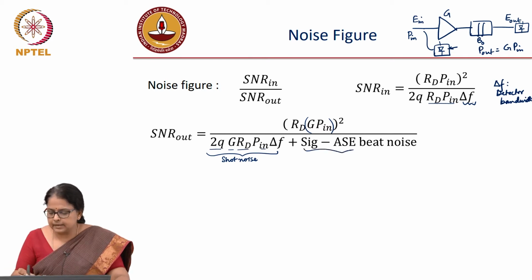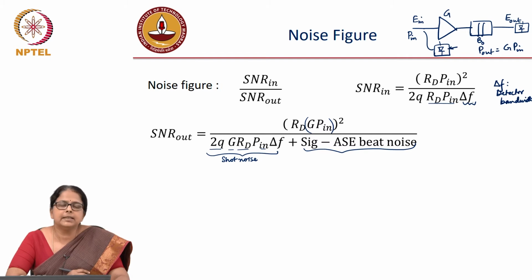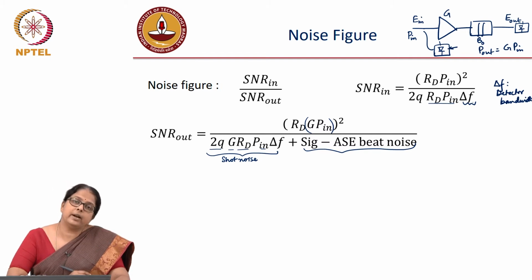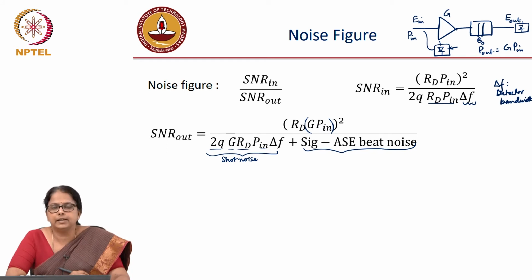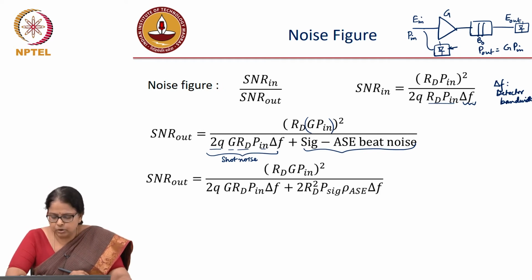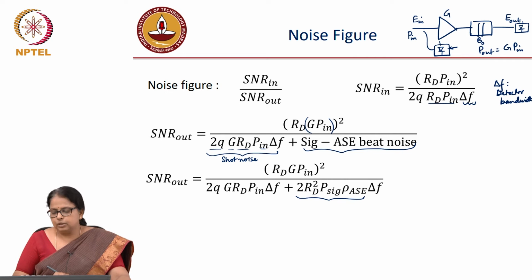plus the signal ASE beat noise, because that is the additional electrical noise which you had already calculated. We already calculated the power spectral density of that electrical noise corresponding to the beat between the signal and ASE. So if you substitute that, you get 2q G times RD P in delta F. The power spectral density was this 2 RD square P sig rho ASE.